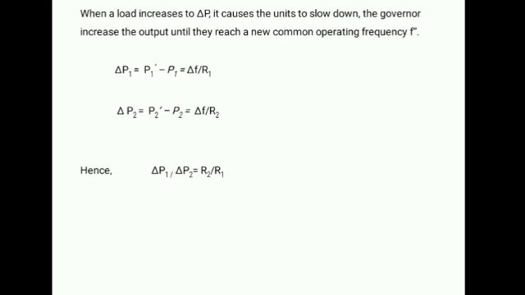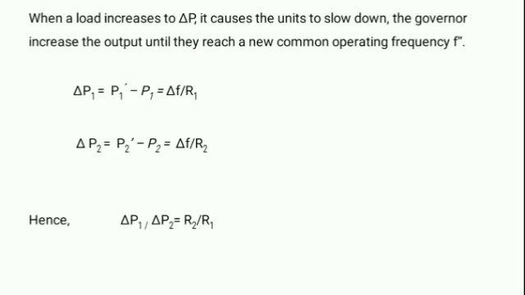So in the last lecture we have read about the speed governor speed regulation parameter, that is R, and R is the ratio of change in the frequency with respect to the change in the power. Fine. So I have rearranged it. From that formula we can write delta P1 is equal to delta F upon R1, where R1 is the speed regulation parameter for unit number 1, and delta P2 is equal to delta F upon R2, where R2 is the speed regulation parameter for generator number 2.